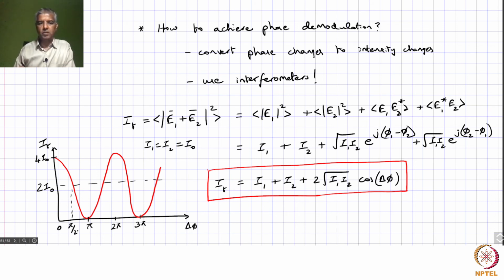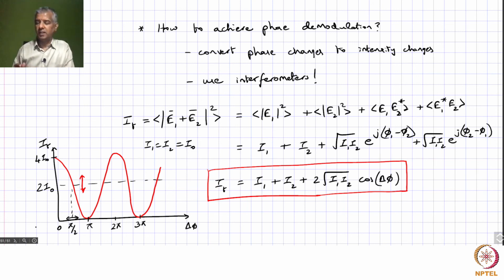It's typically what is called the quadrature point. Why? Because any small change in phase around here will correspond to a large change in terms of intensity. So it's most sensitive over there.